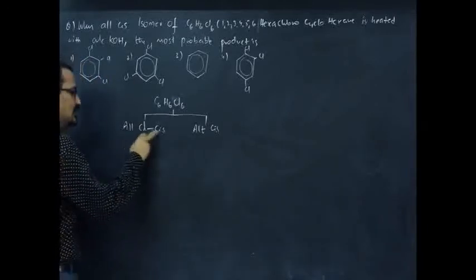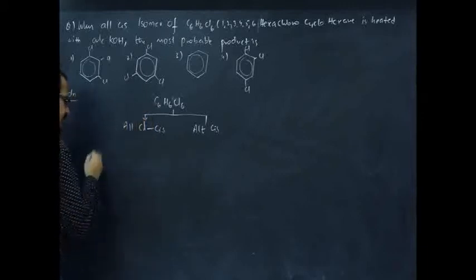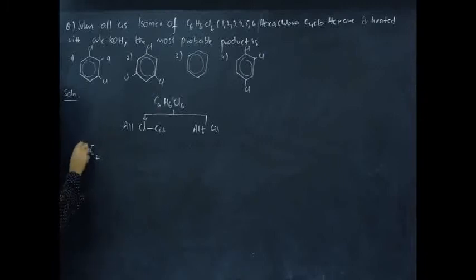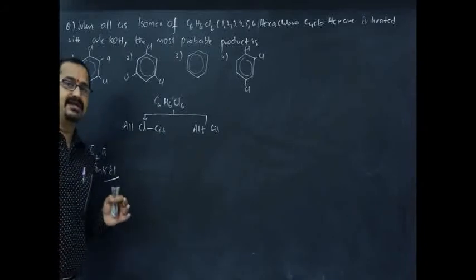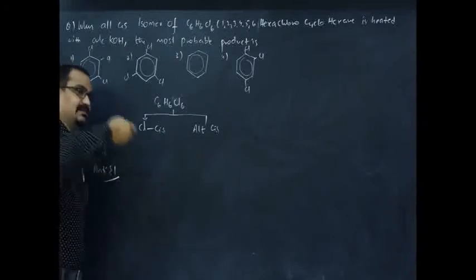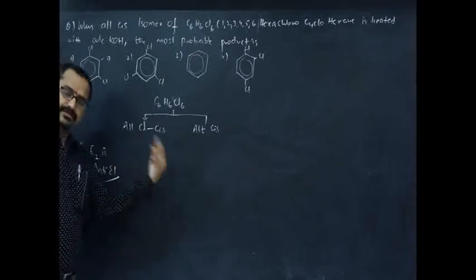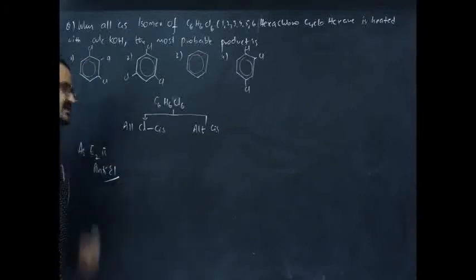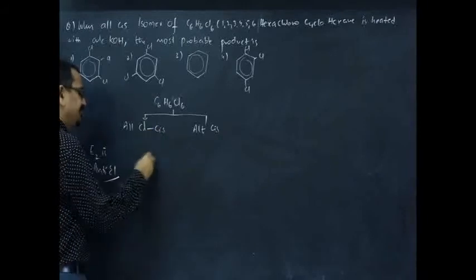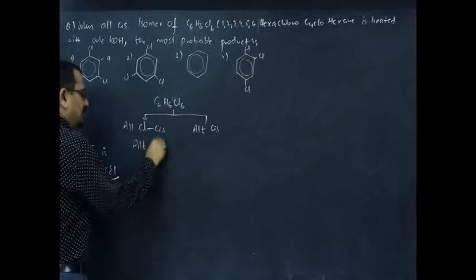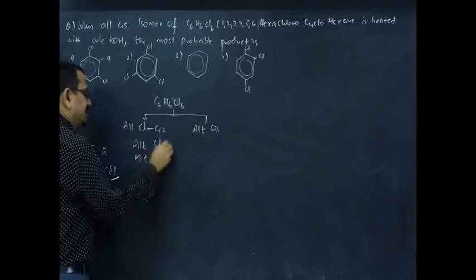In the case of all chlorines in cis position, we need to start with the E2 elimination mechanism. As E2 is anti-elimination, what does anti-elimination mean? If chlorine is removed in one direction, the beta proton will be in the other direction. And if all chlorines are in cis form, then alternate chlorine and alternate hydrogen will be eliminated.